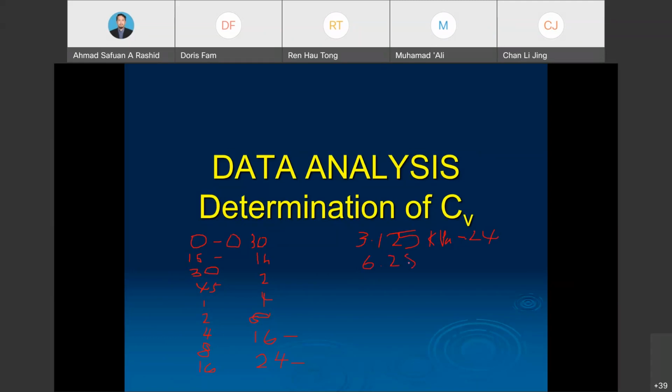Same, 24 hours. Then double, it will become 12.5. Then 25, 50, 100. Later you calculate how many days are involved. 200, 400.